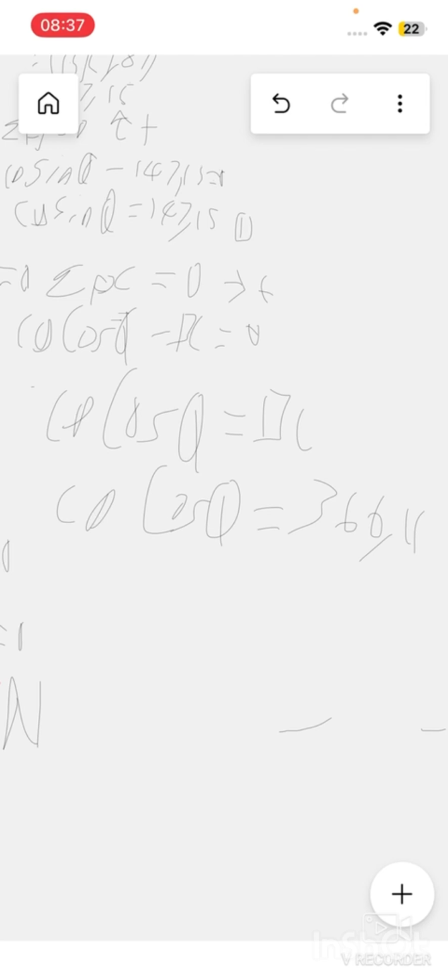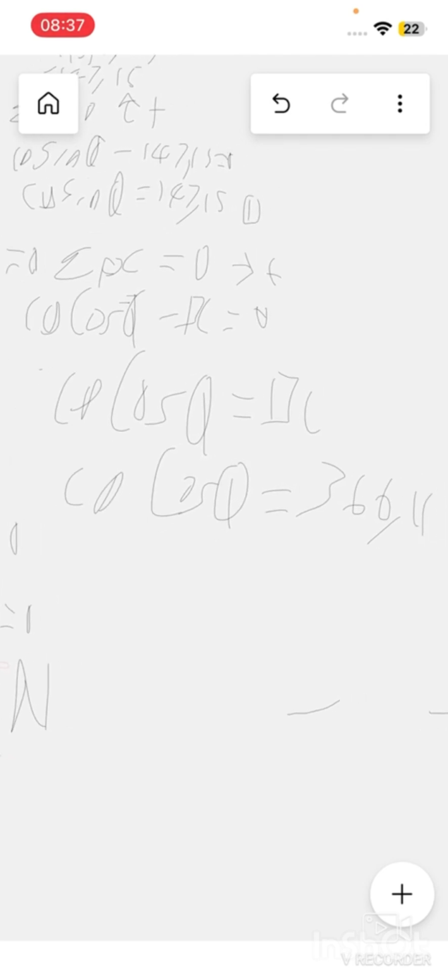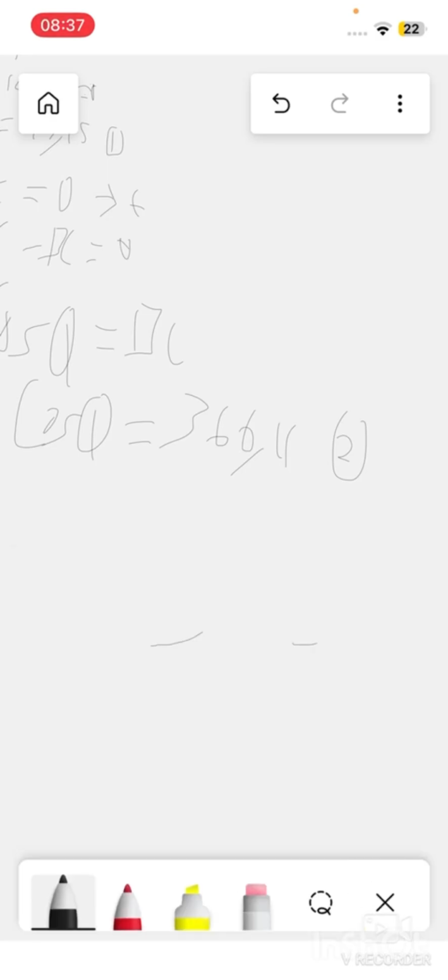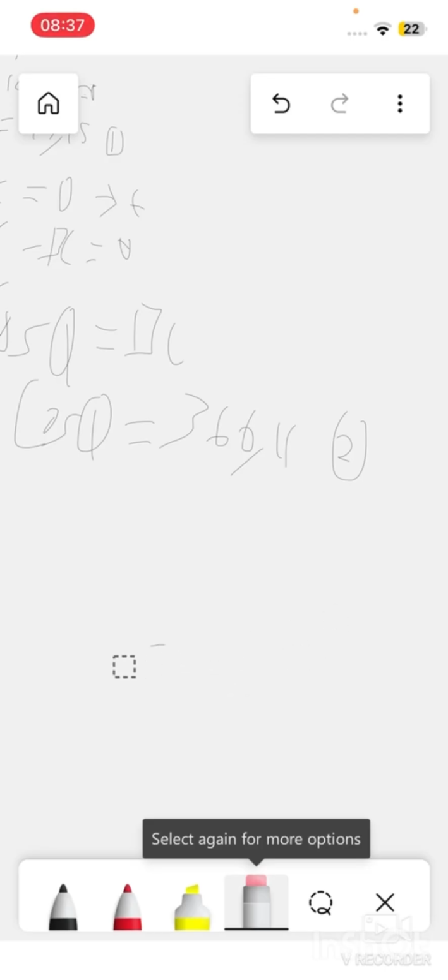Since we have a big problem here, we have two unknowns, which are CD cos theta and CD sin theta. Oh, I can see it now. We have two unknowns. Therefore, we can equate them. How? I'm also asking myself.